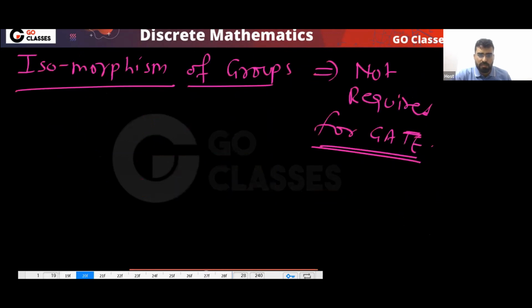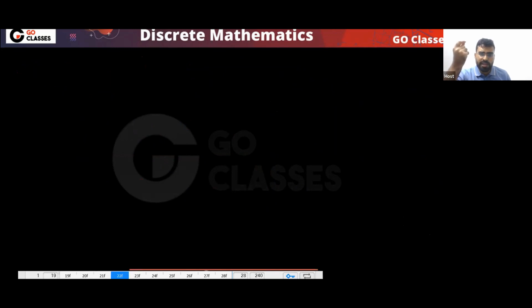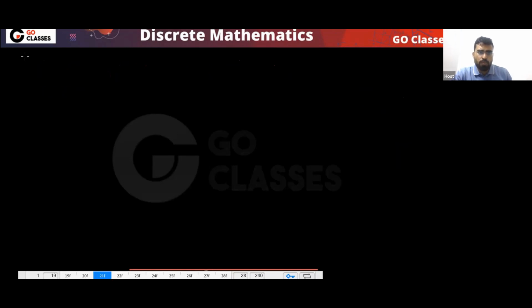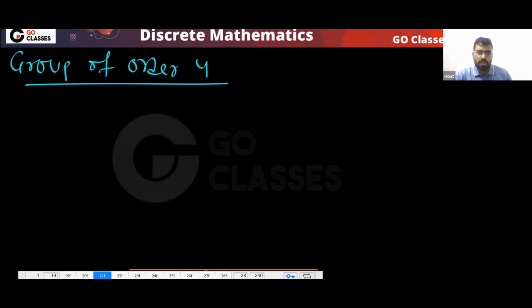So the final conclusion, remember one thing: isomorphism of groups is not required for GATE. So don't worry if you did not understand isomorphism, because that is not required for GATE. But one point that I want to say: for a group of order 4, how many structures do we get?